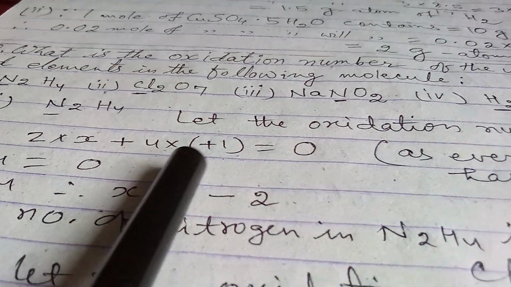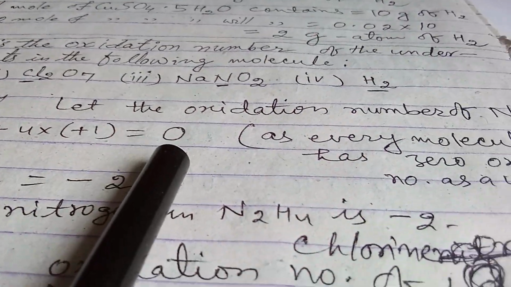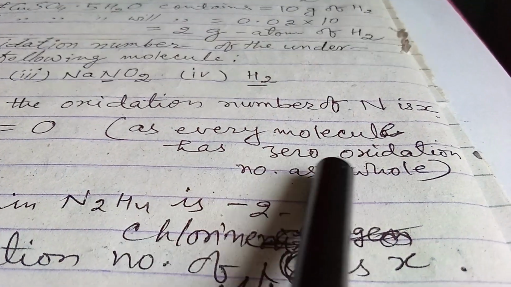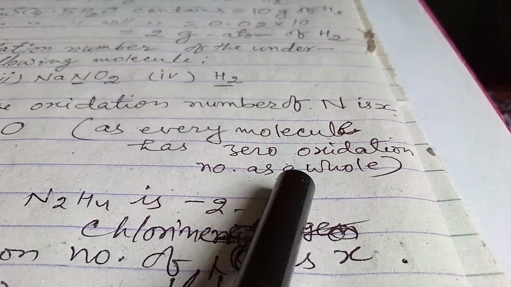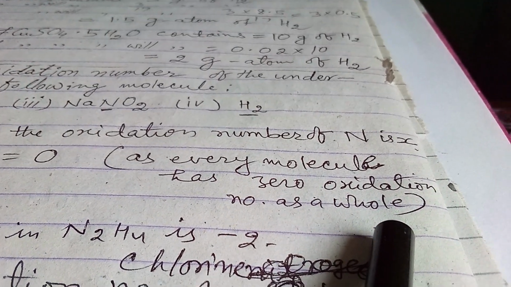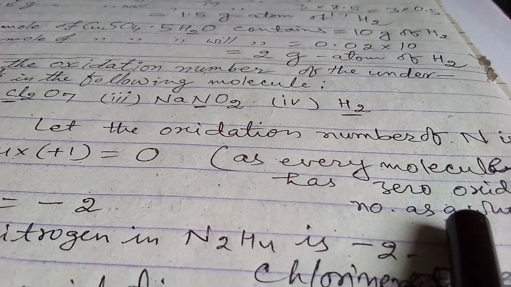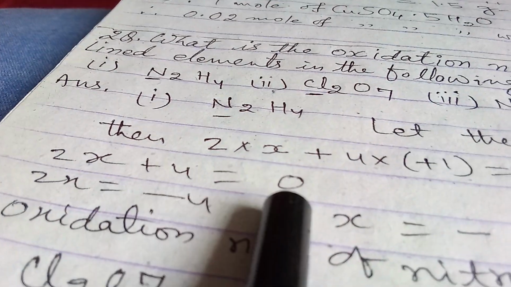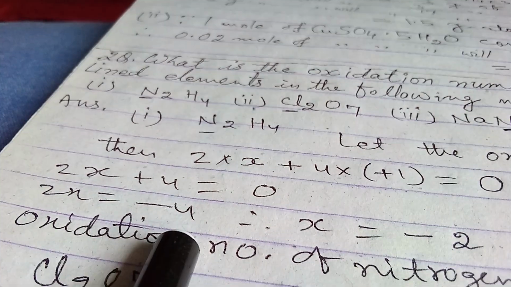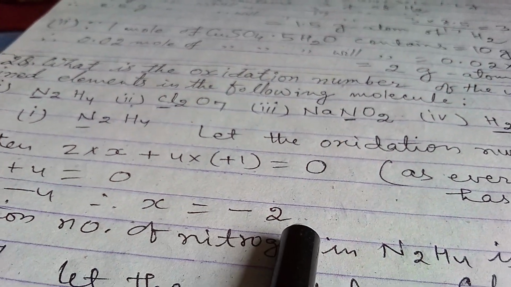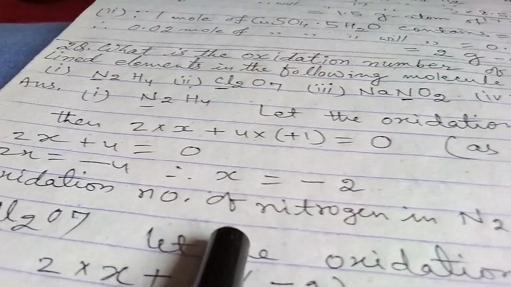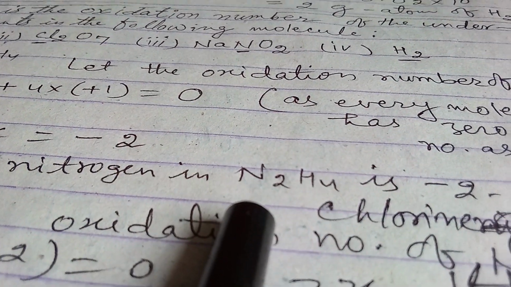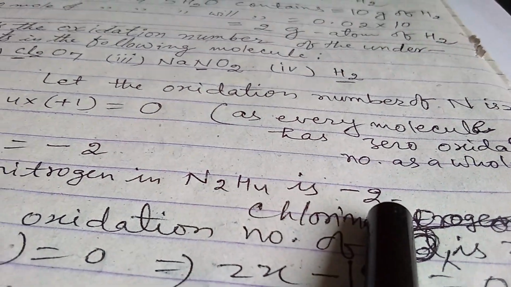So 2 into X plus 4 into 1 is equal to 0. 0, because every molecule has 0 oxidation number as a whole, that means it is in neutral state, that's why it is 0. And so 2x plus 4 is equal to 0. So 2x equals minus 4, and therefore x equals minus 2. So we can say that the oxidation number of nitrogen in N2H4 is minus 2.